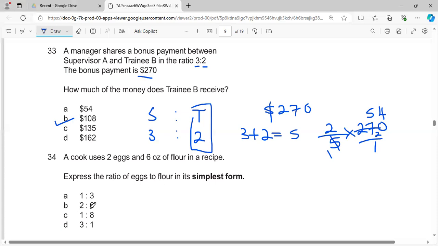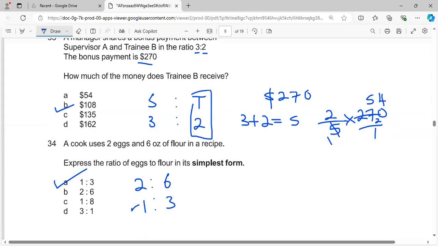So you're going to say 2 going into itself goes 1 time, and 2 going into 6 goes 3 times. So the answer would be 1 to 3. Very good. And the order is very important, right? So it cannot be D because they specifically say eggs to flour. So you have to have the specific order. Very good, Katila. Thanks so much. Great job.